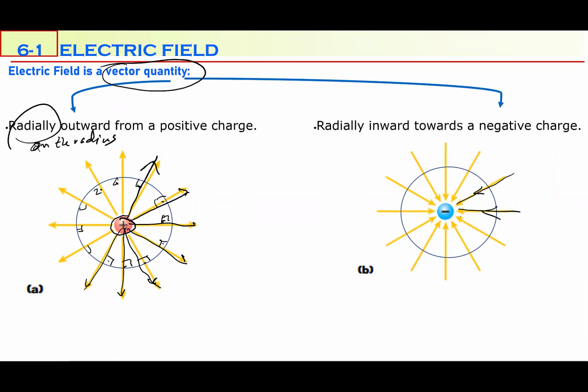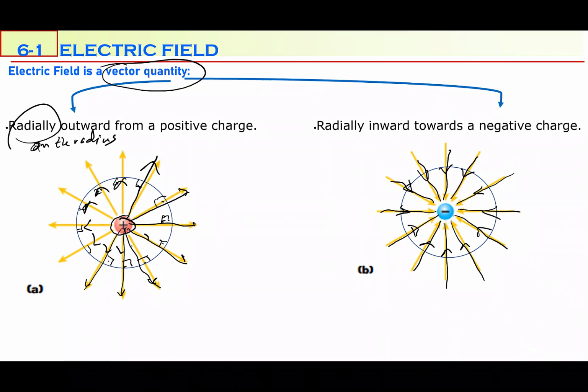They are again along the radius, but their directions are toward the negative charge. So we have to know this. The electric field for a positive charge is radially outward, away from the charge, but the electric field around a negative charge is radially inward, toward the charge.